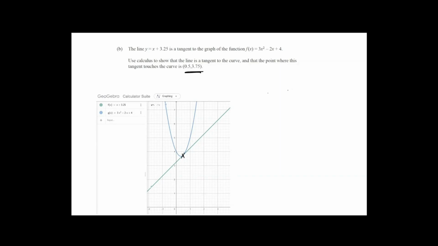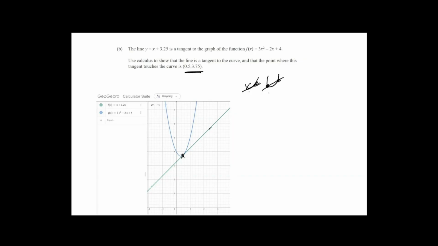Okay, so to find that this line is a tangent to this curve, two conditions have to be met. It has to touch at that point and only that point. Like if we were to zoom in on this bit here, you couldn't have it cross into two places.